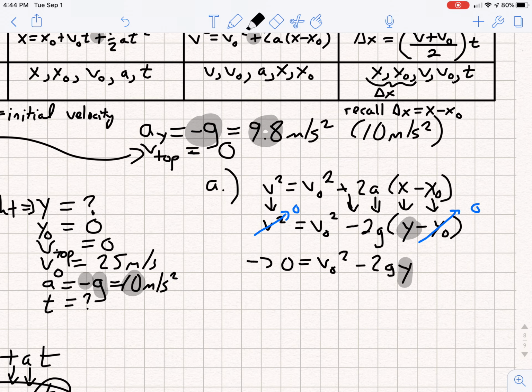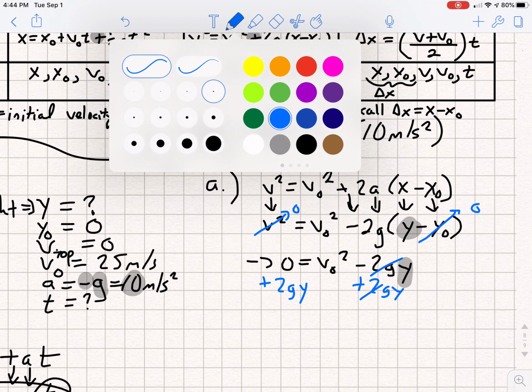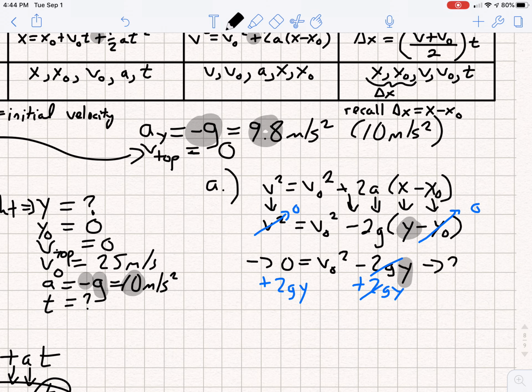Well, to solve it for y, I'm going to go ahead and add 2gy to both sides. And we have 2gy equals v naught squared. In order to get y by itself, we will go ahead and divide 2g both sides.